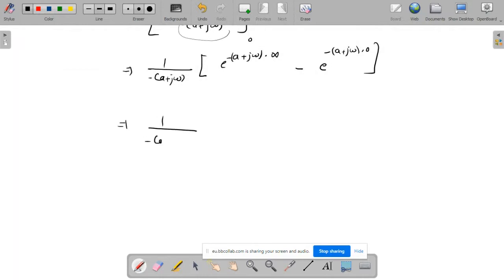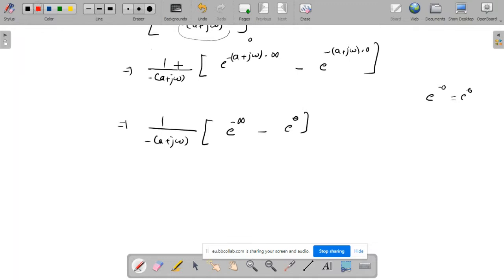This is e to the power minus infinity, and if you multiply a plus j omega with infinity, it becomes infinity. And if you multiply e to the power minus (a plus j omega) with 0, it is minus 0 or 0, both have the same meaning. So I'm writing 0 here directly.